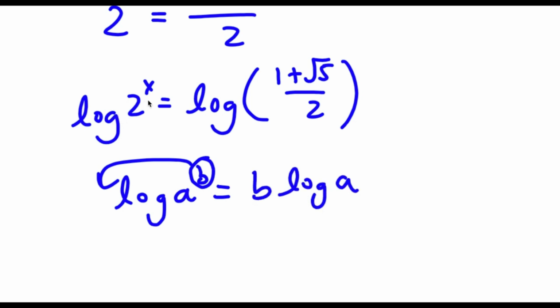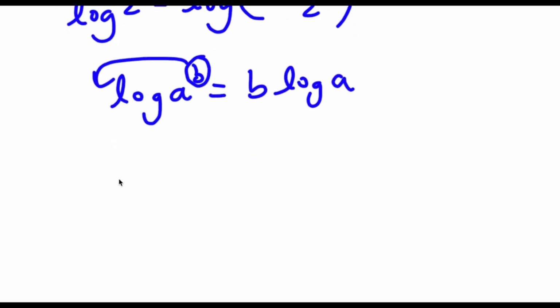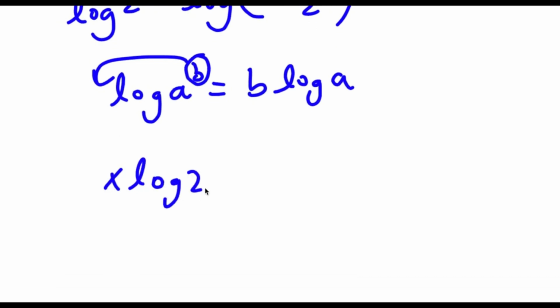So in this case, for log 2 to the power of x, I can move x to the front. So this is going to equal x times log 2, which is equal to log 1 plus the square root of 5 over 2.